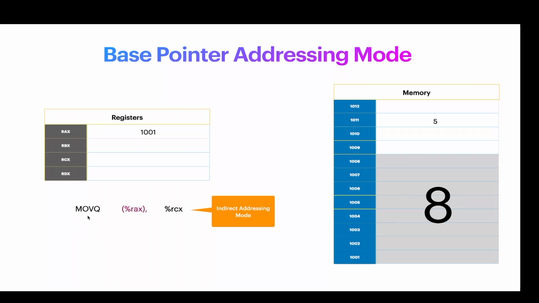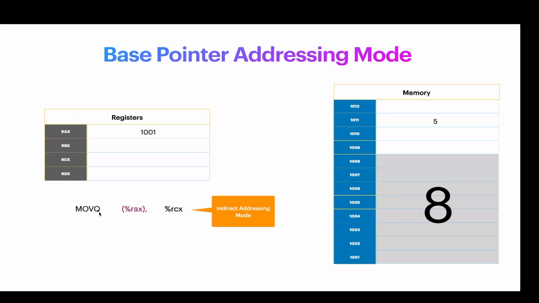In the indirect addressing mode, this is an example. So here's a move instruction. It says move, open parenthesis RAX register close parenthesis, and then to RCX. So what this instruction says is go to whatever is pointed to by the RAX register, which is 1001, peek into this location, and then move a quad, which is 8 bytes, to the RCX register.